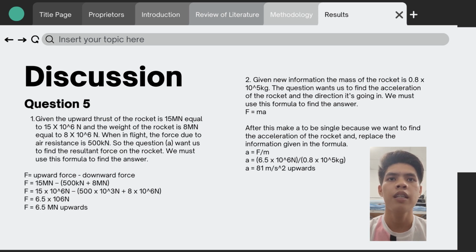So a equals F per m. So 6.5 times 10 power of 6 Newton per 0.8 times 10 power of 5 kilogram.